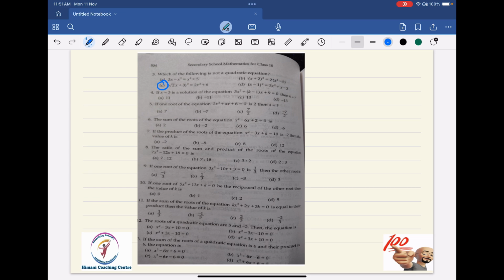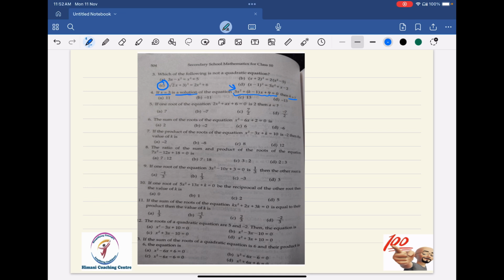Now the second question says, if x equals 3 is a solution of 3x square plus k minus 1x plus 9 equals 0, then find the value of k. Whenever we are given this is a solution or 0, it simply means you should put that value in the given equation and it should satisfy the equation.